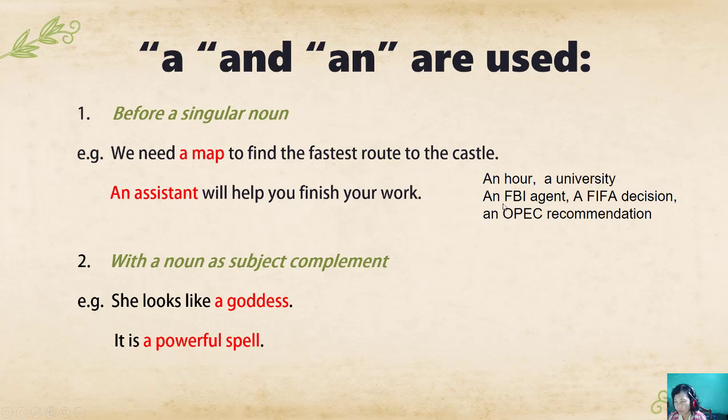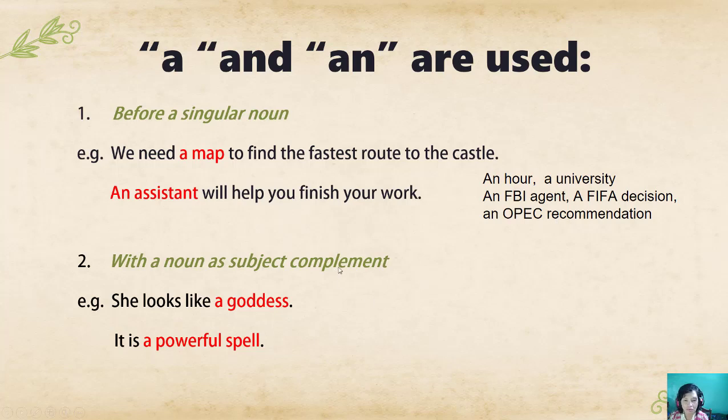And if you have an abbreviation, if the abbreviation is read as single letters, you have an FBI agent. But if it is read as a word, it is the same as this: a FIFA decision and an OPEC recommendation. It is not too difficult to differentiate how to use a and an.